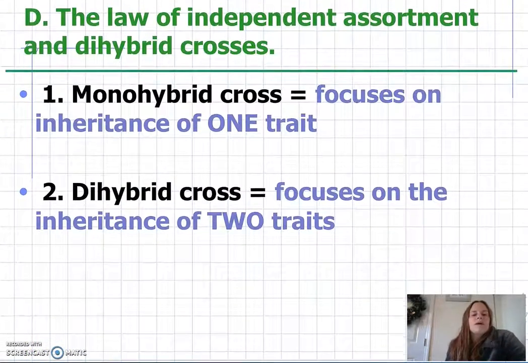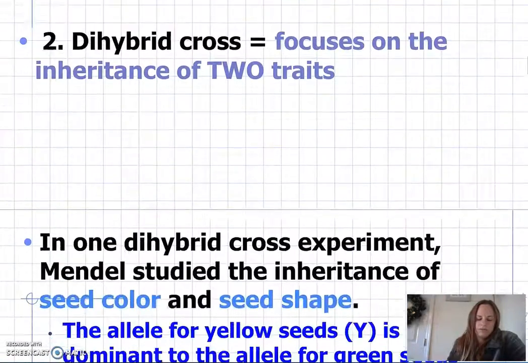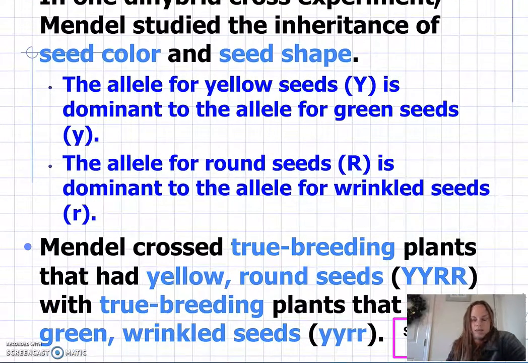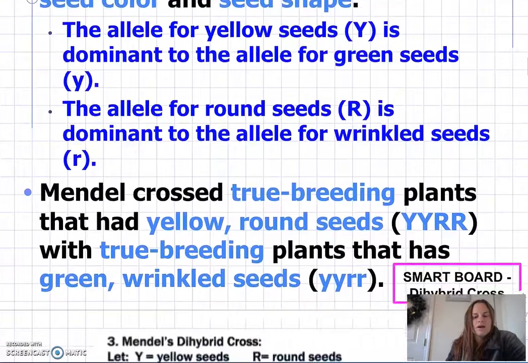We explored monohybrid crosses, which focus on the inheritance of one trait. Now we're going to explore dihybrid crosses, which look at the inheritance of two traits. One of the dihybrid cross examples that Mendel did was that he took seed color and seed shape and wanted to see what would happen.